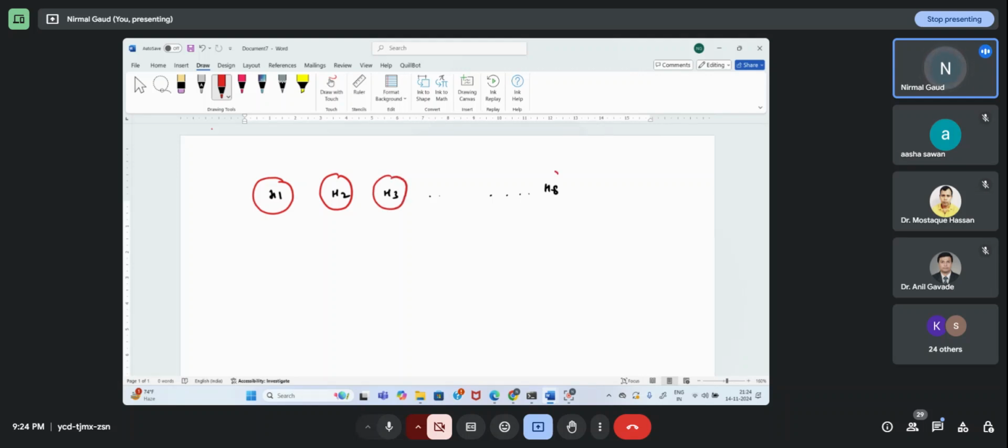Someone is doing spatial, someone is doing channel, someone is doing local, someone is doing global, and ultimately it is QKV. So this is my 49 by 512, and I will be supplying this 49 by 512 to each and every head. That's what I will be doing.